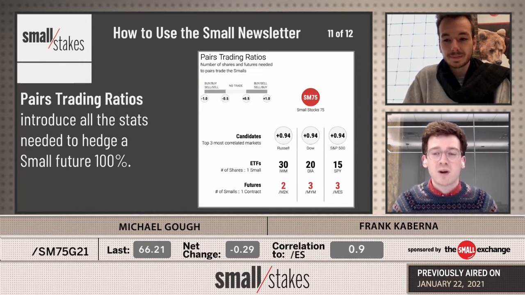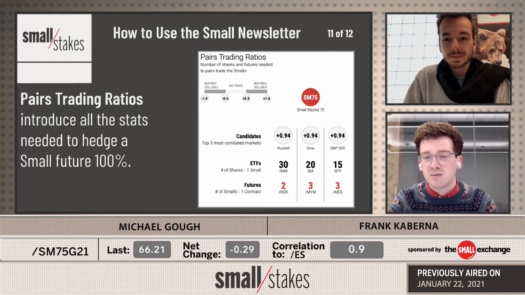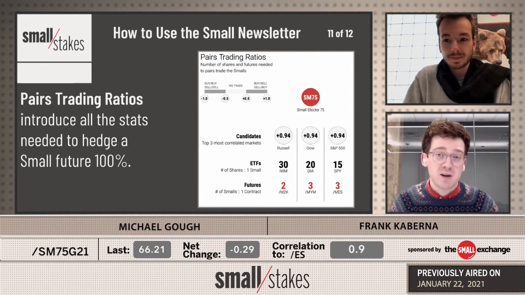You've got all the ratios, you've got correlations, and this is really helpful for setting up those partial hedges. So if I'm long IWM, or I'm long the micro ES, I know how to go in there and create a little bit of a hedge. But it's also nice that we update these with the ratios for pairs trading, which we've seen growing in a lot of interest here.